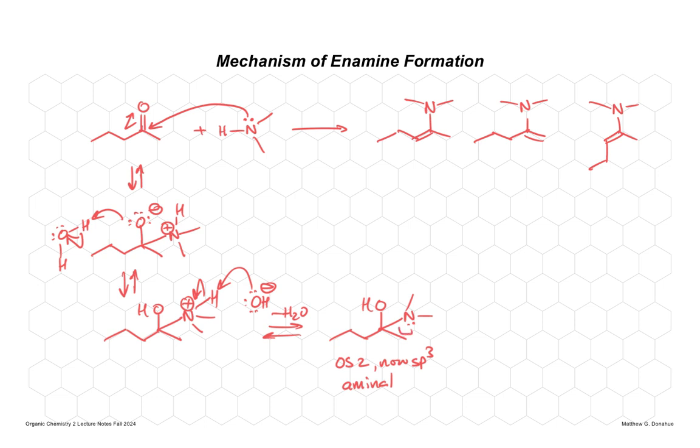So that nitrogen lone pair comes down, and it's going to push out hydroxide. See that nitrogen atom, it no longer has a hydrogen to deprotonate. So a deprotonation has to happen from either of the alpha carbons.